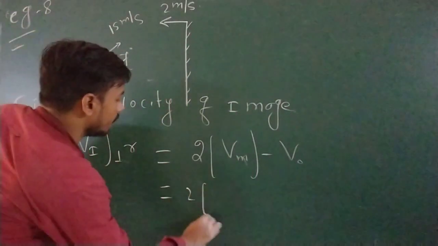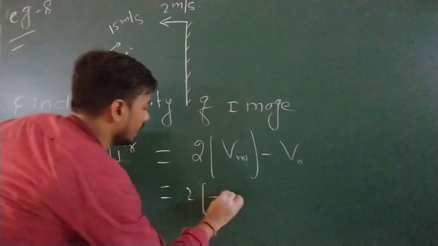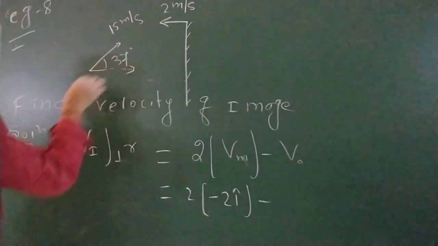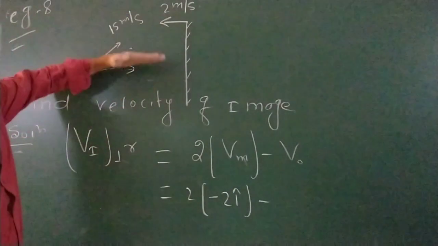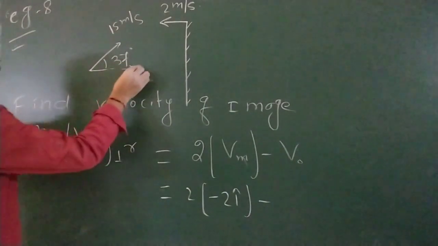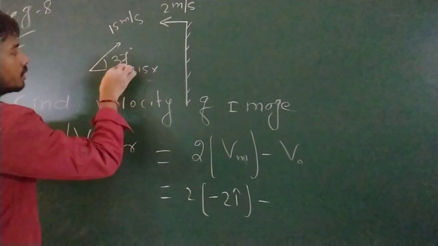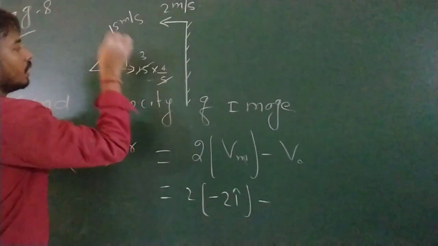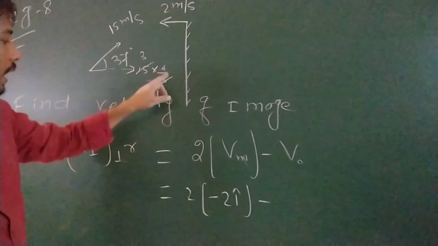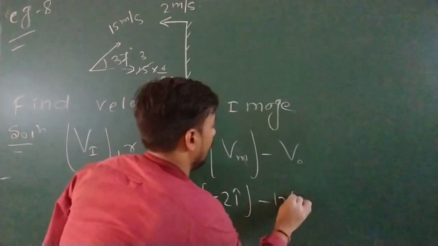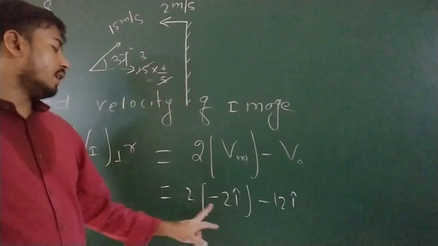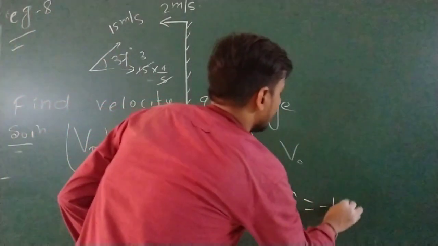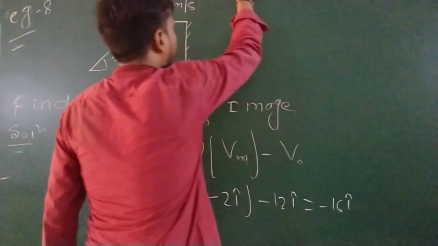Put the values: 2 times, minus 2i cap, minus the object component along this line, 15 cos 37. Cos 37 is 4 by 5, so 3 times 4 is 12, so this becomes 12i cap. So this is minus 4i cap, minus 12i cap. First part answer: minus 16i cap.